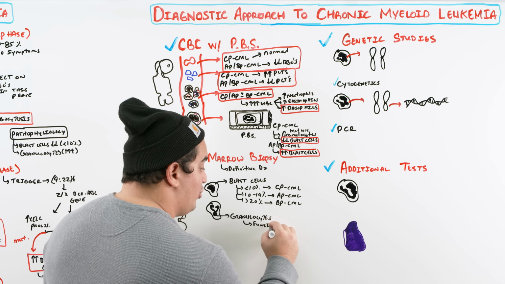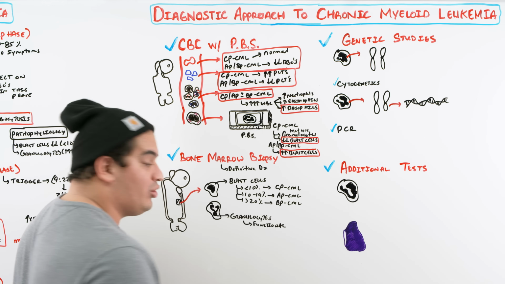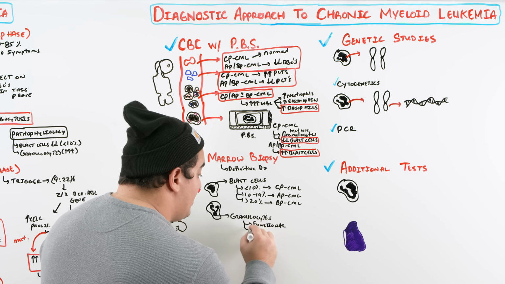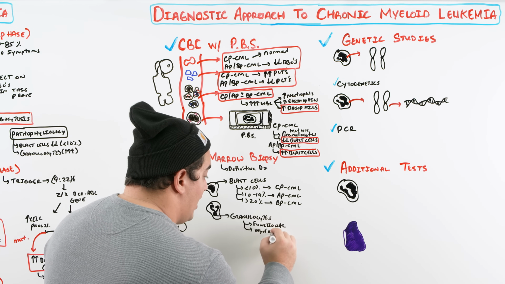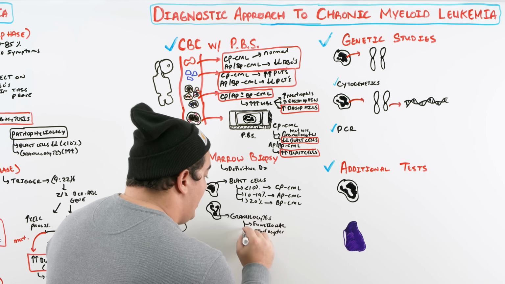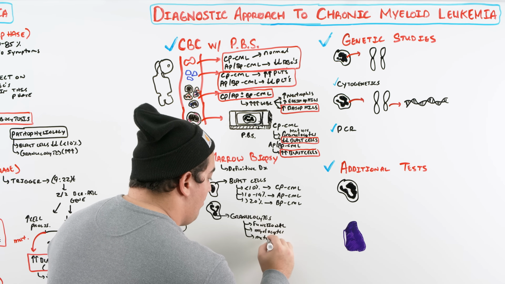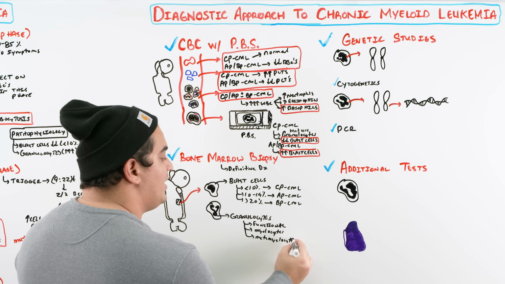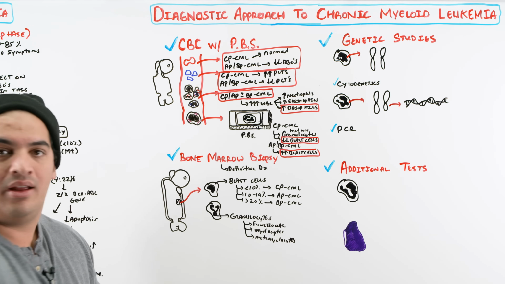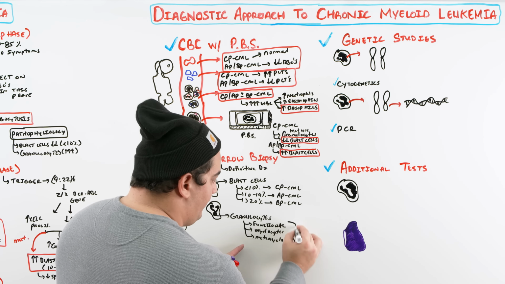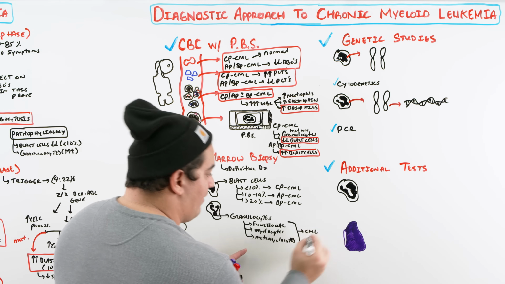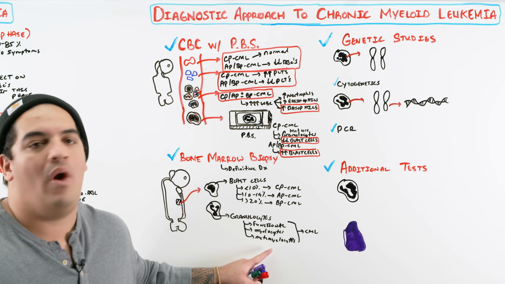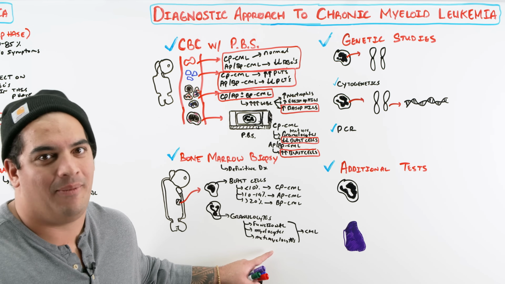Like you may see some true functional eosinophils, neutrophils, basophils. You may see some that look like myelocytes. You may see some that look like metamyelocytes. And so these are very interesting. You wouldn't really see any of these in AML. So if you see these, this is more suggestive of CML and way less suggestive of AML.